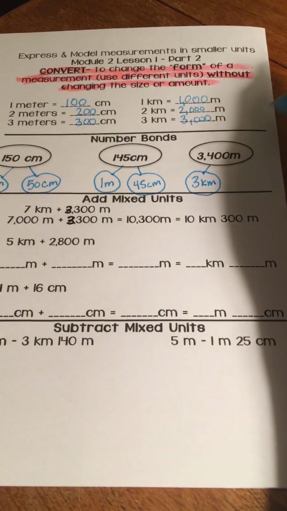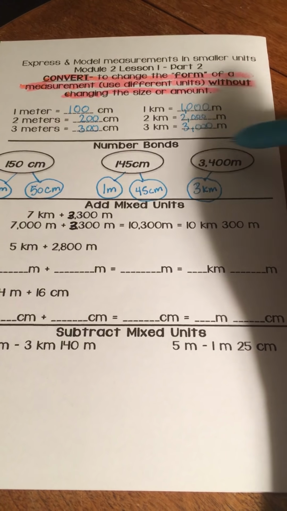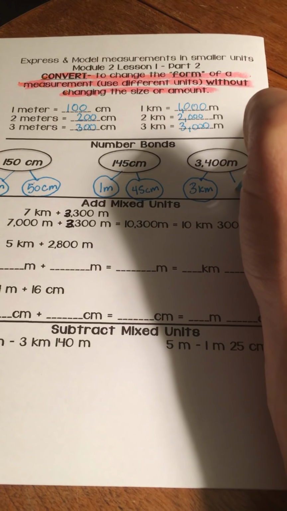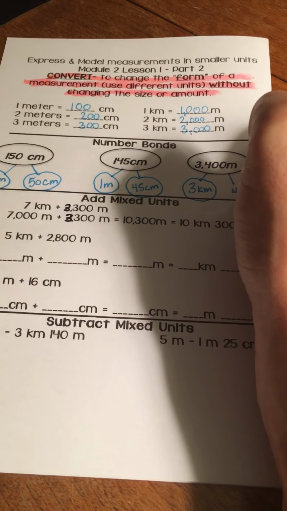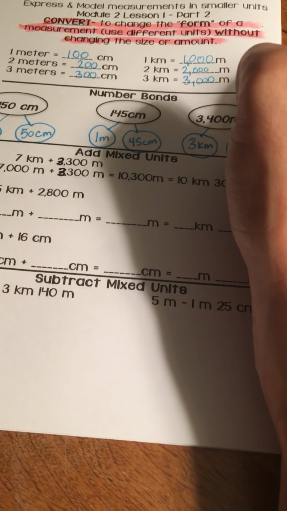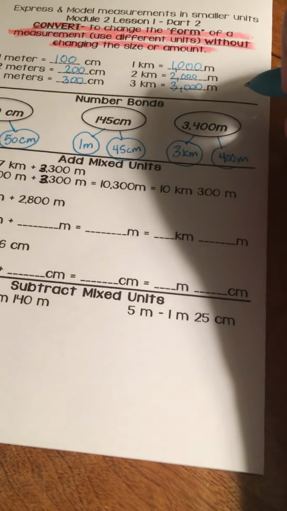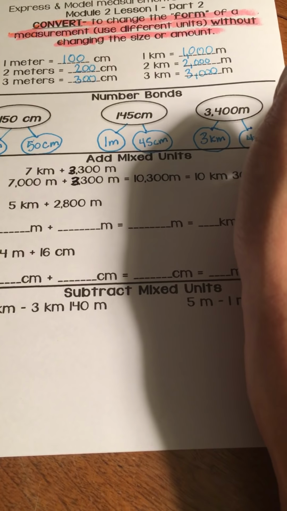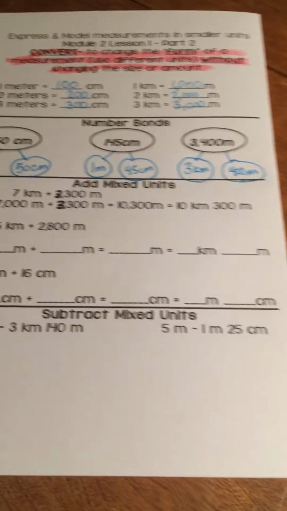And what would be left once I used that 3,000 meters as 3 kilometers, the 400 meters is still there. Maybe. If I could circle it, that would be great. Okay.